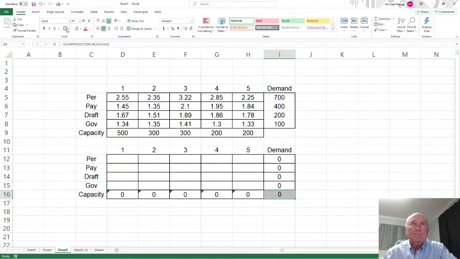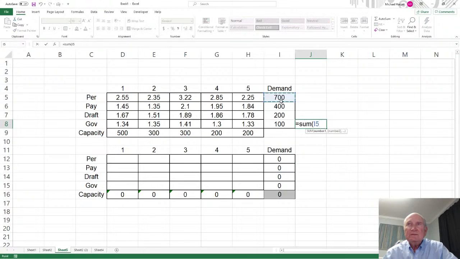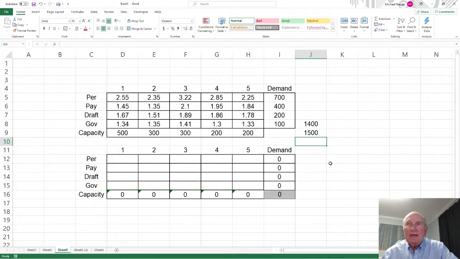Okay. Now then, let me make sure that the sum of this and the sum of this are going to be here. See, this is 15, that's 14. Okay, so now that I need to know. So the capacity is greater than the demand.